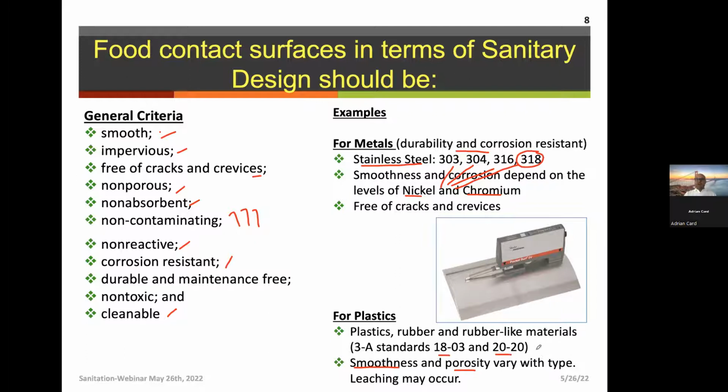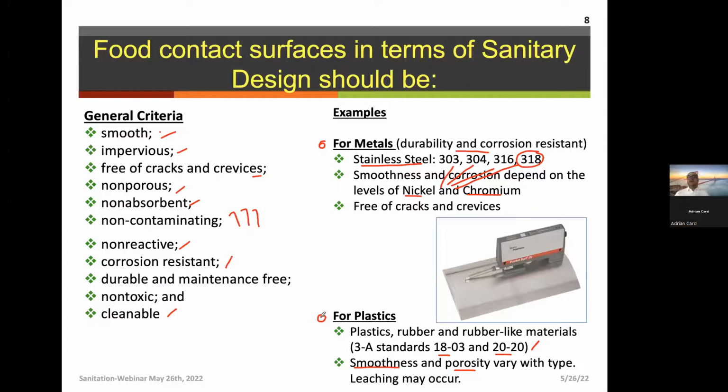Smoother, less porous will be these ones, more porous or less smooth will be these other ones. And we're talking about this because when we do ATP measurements, the values that we typically get for metals will be very different than the values that we get from plastics.